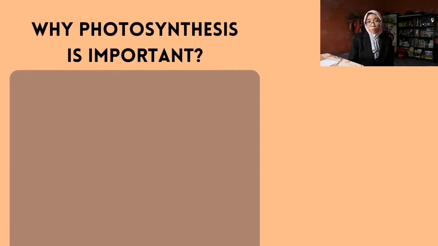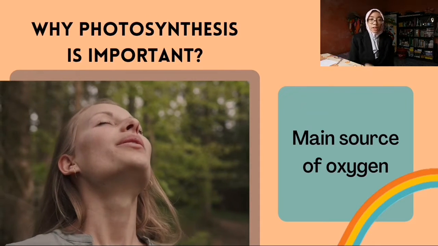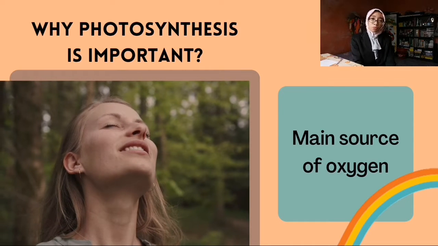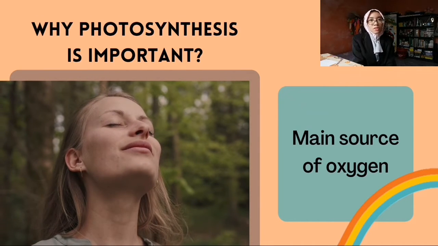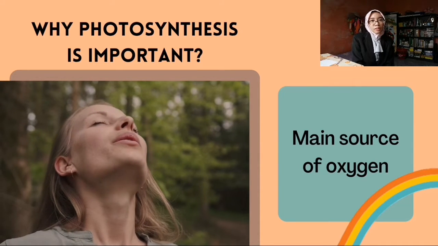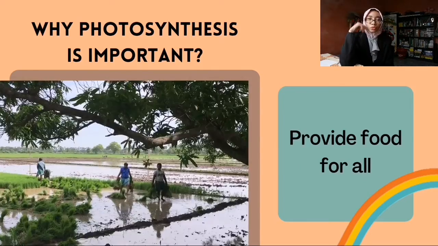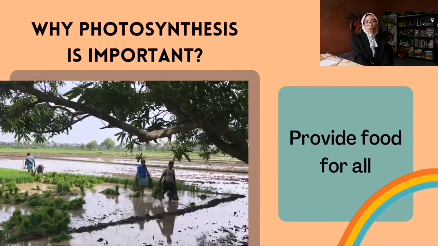Why is photosynthesis so important? Well, first of all, photosynthesis is the main source of oxygen. As I said before, plants provide oxygen through photosynthesis as they convert carbon dioxide into it. This is essential for life. Plus, photosynthesis provides food for all.